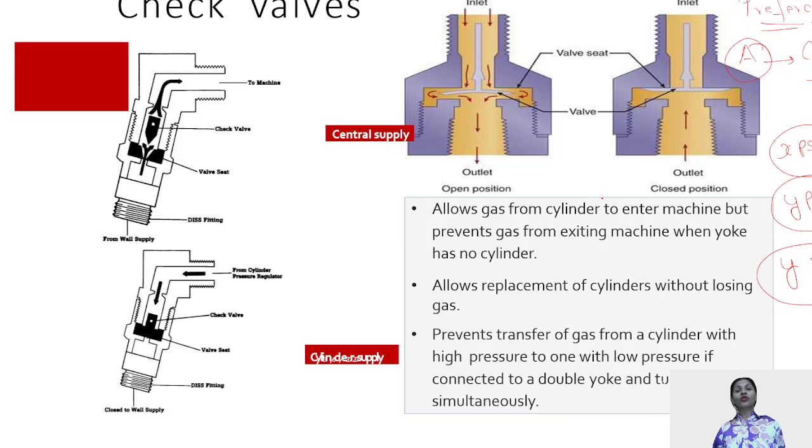Because just imagine if the pressure at your cylinder is more than what the pipeline is giving on the back of your anesthesia machine, and if suppose the valve is left open by any chance, then all the oxygen of the cylinder will get delivered to the patient and you'll never know that the cylinder is empty.